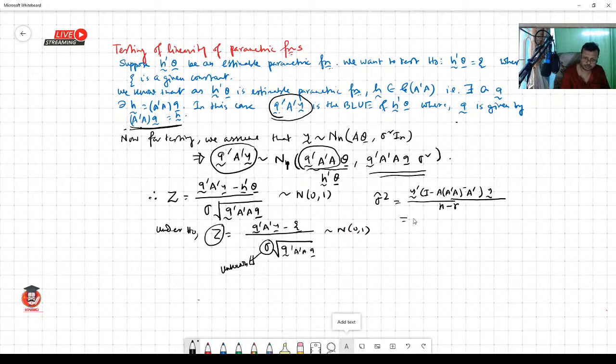So we denote this by MSE, mean sum of square due to error. And why do I take this as an estimate of sigma square?